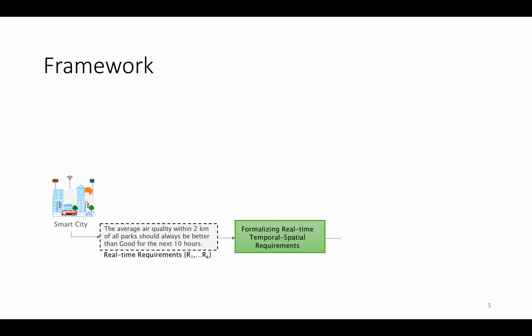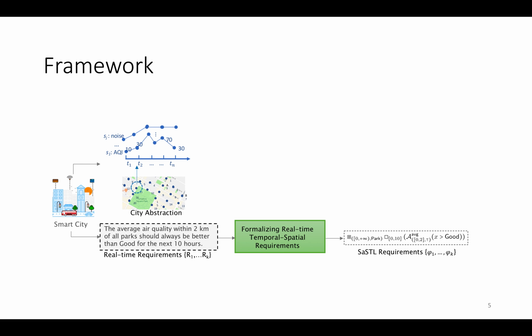Let's see how SaSTL runtime monitoring works for smart cities. This framework would operate in a city's control center, and we first formalize a set of city requirements into machine-checkable SaSTL formulas.